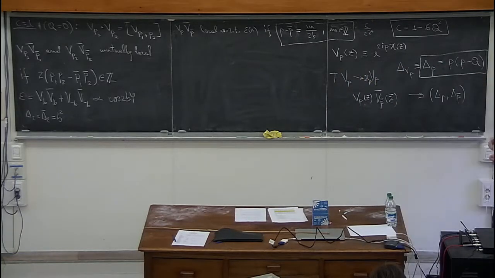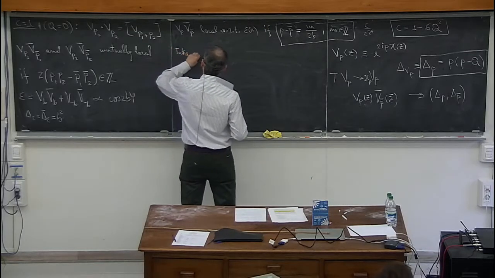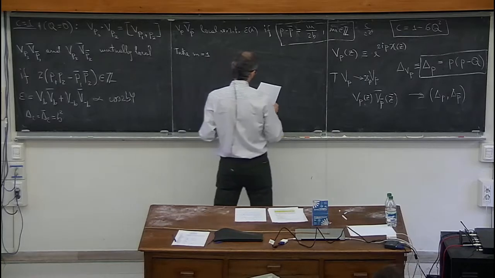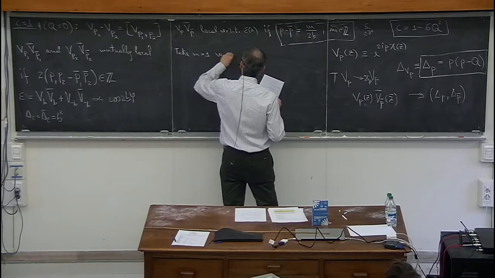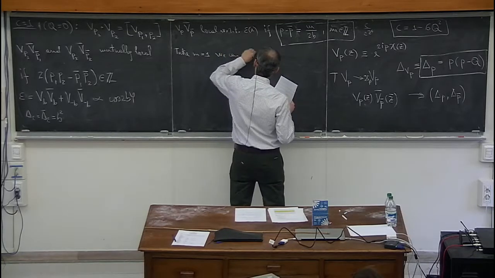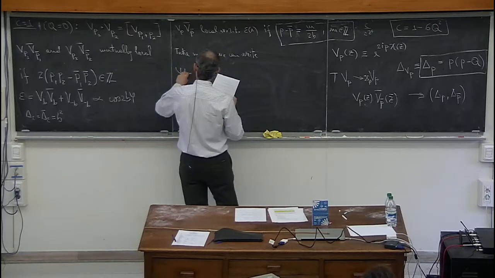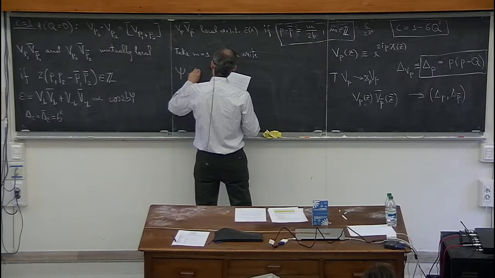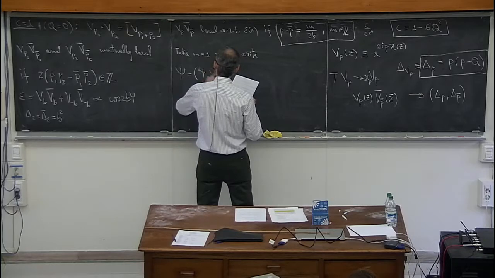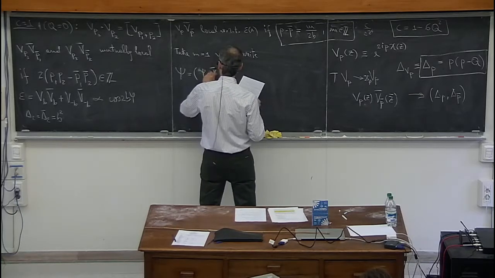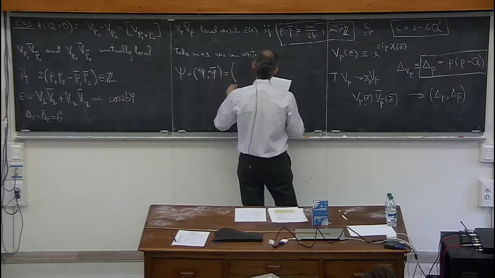In particular, if we take m equal 1, we can write the following field. I call it capital psi. It has two components, psi and psi bar, which are defined like this.